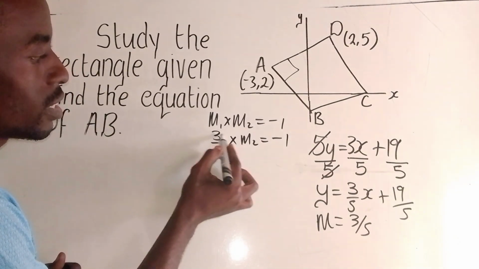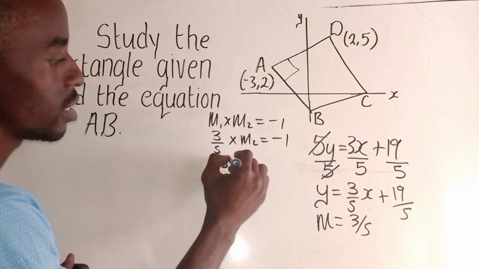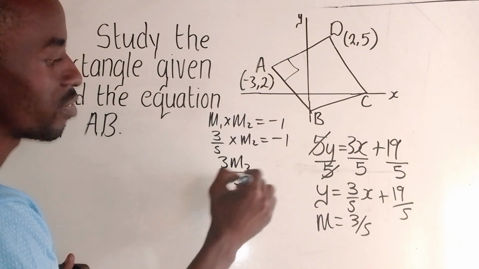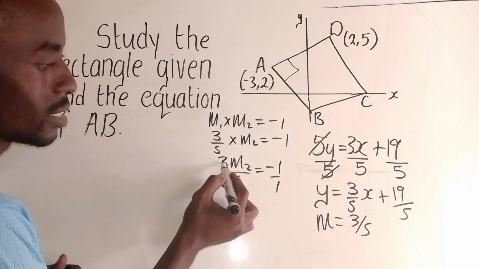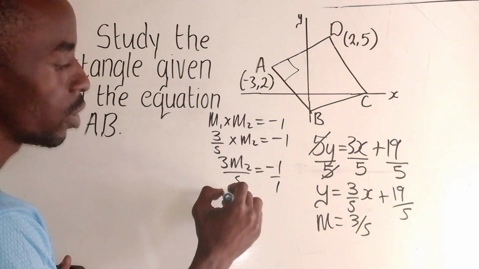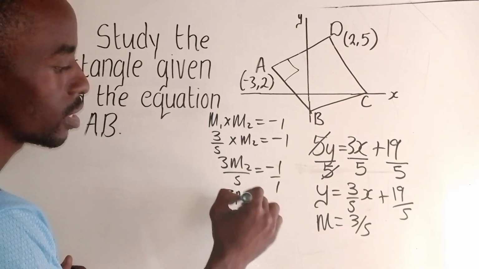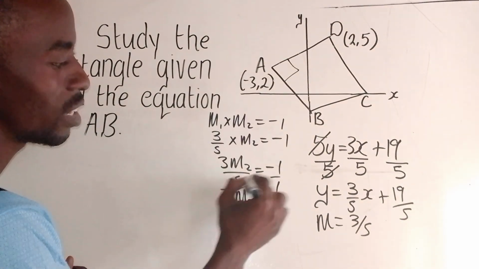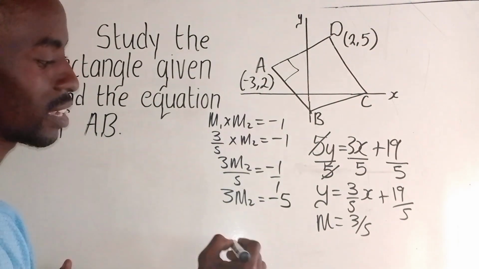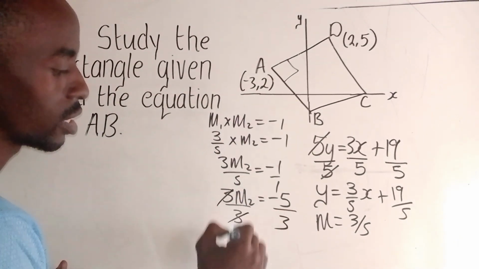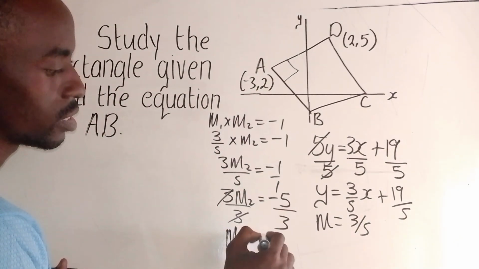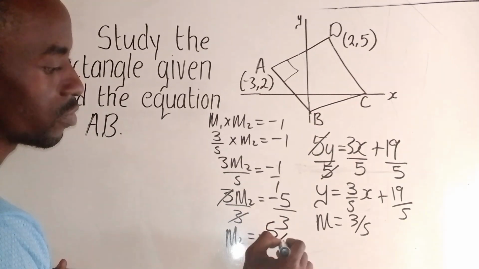So 3 m2 over 5 equal to negative 1. Once we cross multiply, 3m2 equals 5 times negative 1, which is negative 5. You divide by 3, even there by 3, you cancel out. So m2 is equal to negative 5 over 3.